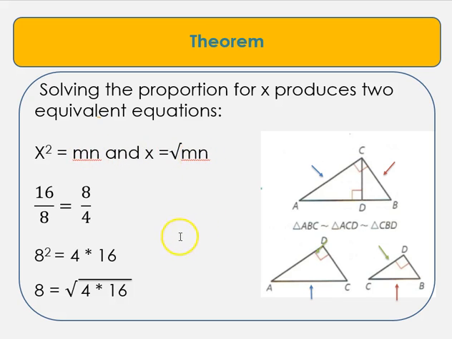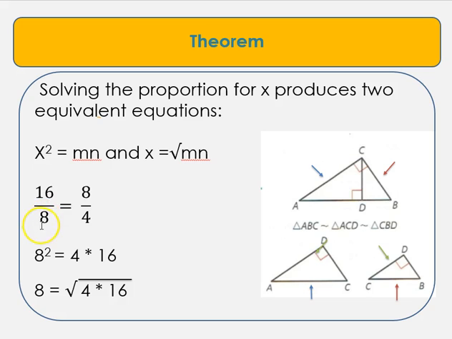And let's take a look at an example. If CD were 8, the 8 would replace the X in the proportions, and then we would have side lengths that were being compared from the two triangles. An example, possibly AC would be 16 and BC would be 4.